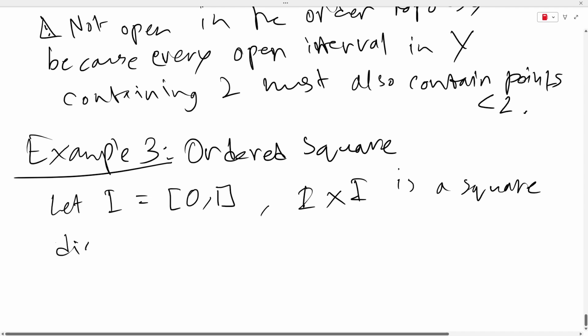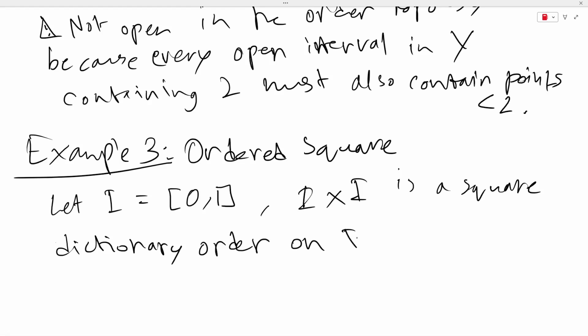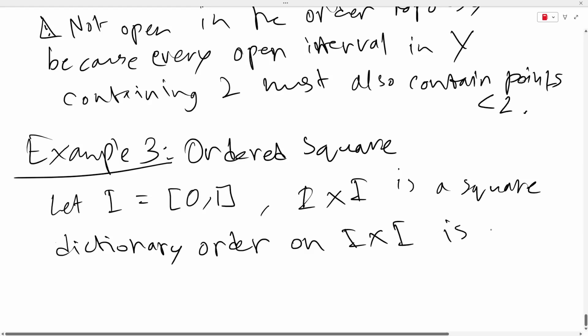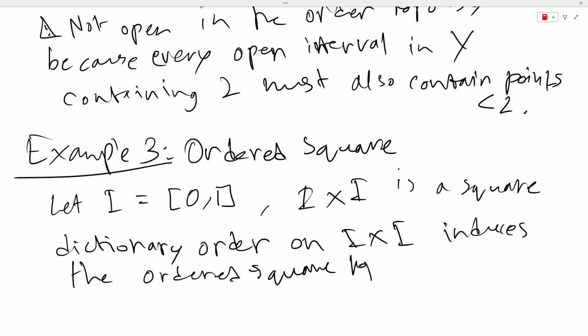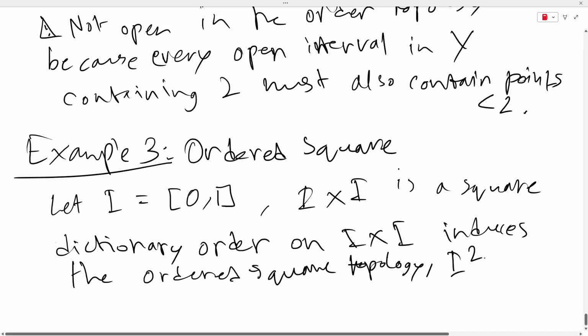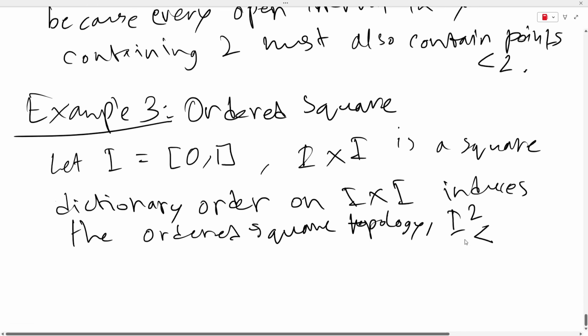Now the dictionary order on I times I induces a topology, called the ordered square topology, and we will denote it by I_o^2 and use this order relation symbol.